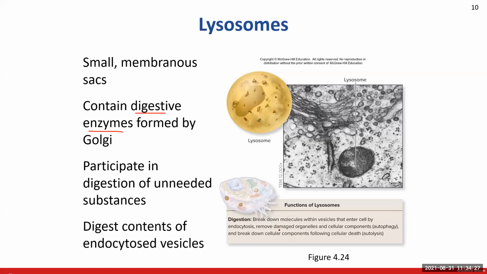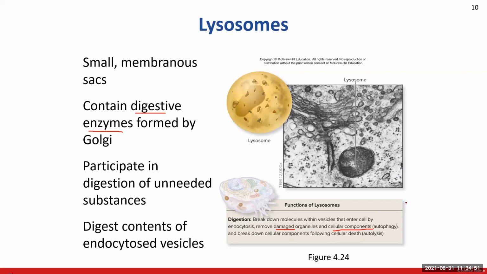So if we have any damaged organelles, like say one of our Golgi apparatus breaks down, the lysosome will help get rid of it. Or if you have just some proteins that were lying around that were going to be used. It's like a building that started to be built but was never finished.